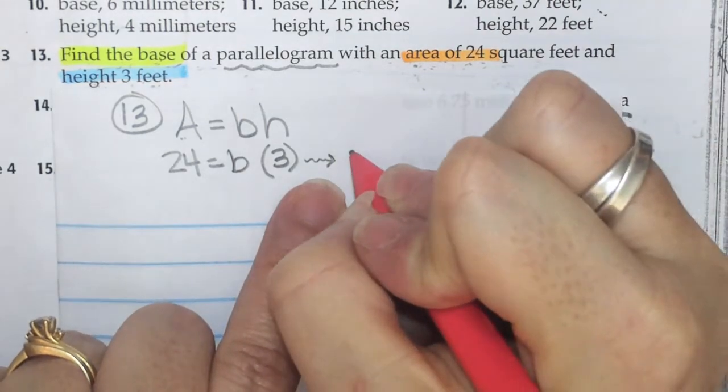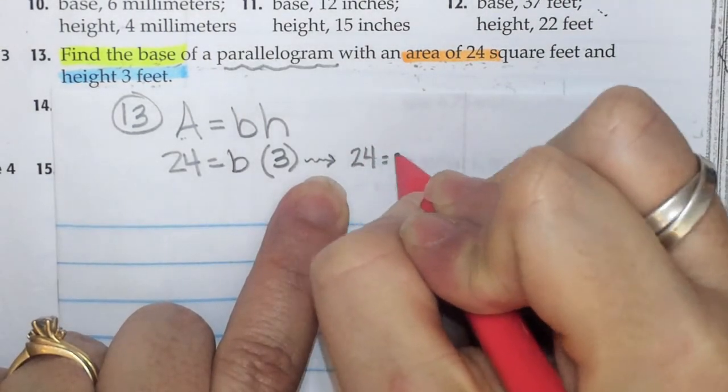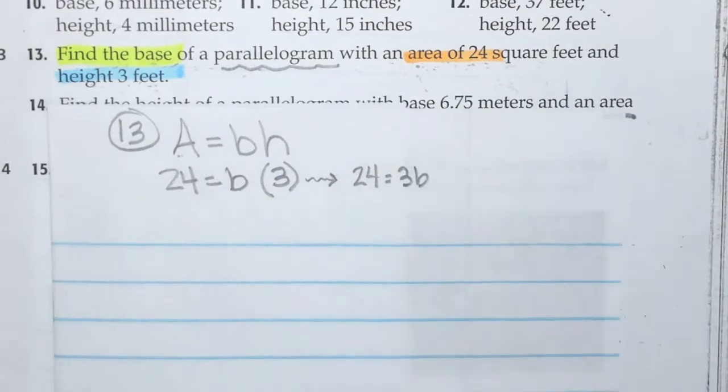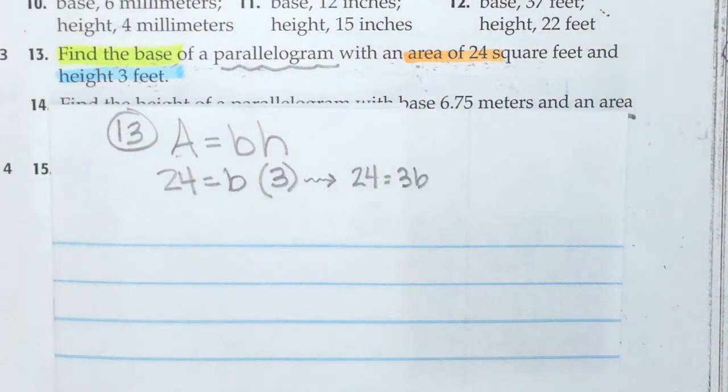And our equation would be written something like this, and that number, 3, is up against the letter B. And we knew that meant times, multiply, right? It means 3 times B, right?